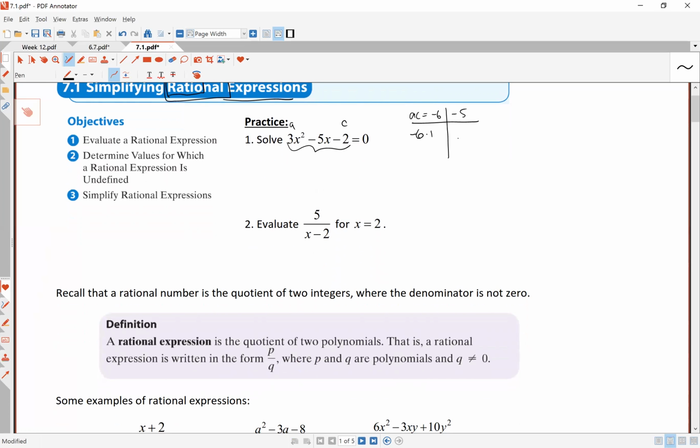That's negative 6 and 1. And so we put those back in there. We factor out the 3x, and that leaves us with x minus 2 and another x minus 2. So we factor that x minus 2 off to the right-hand side, and we're left with 3x plus 1.